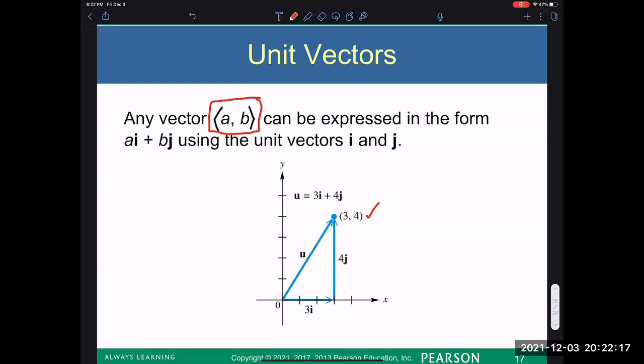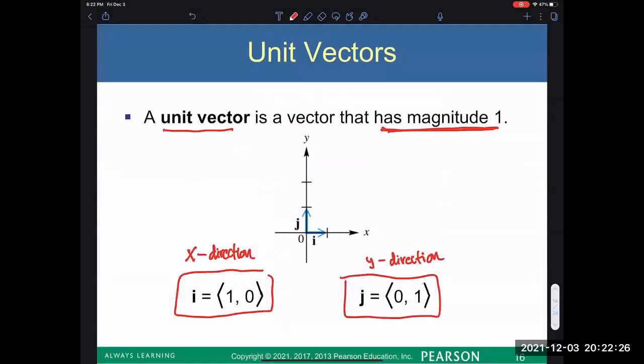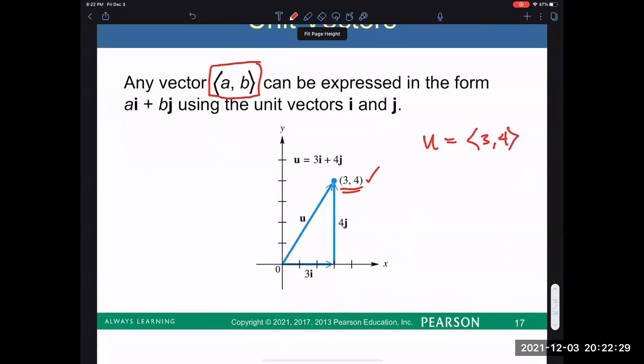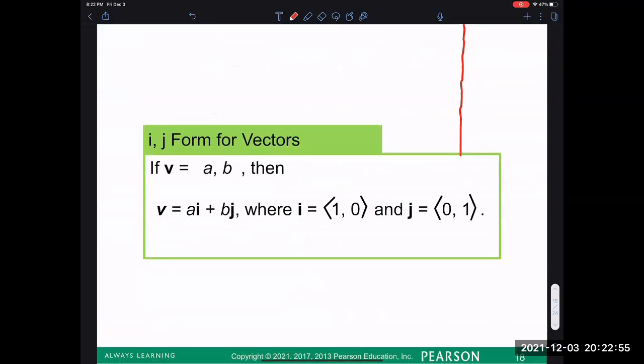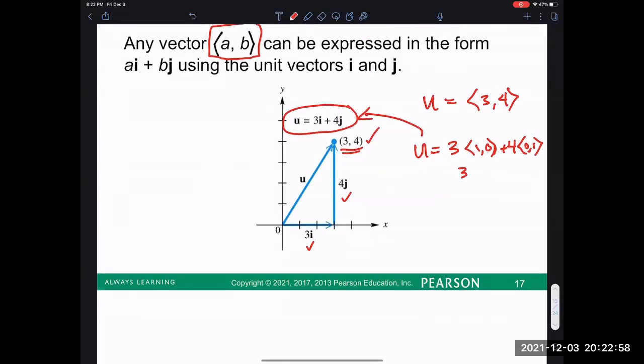So if we have u equal to 3, 4, where u terminates at 3, 4, that translates to 3 i's and 4 j's, and so u could be written as 3 times the vector 1, 0, plus 4 times the vector 0, 1, and then that translates to 3 times the I vector plus 4 times the j vector.